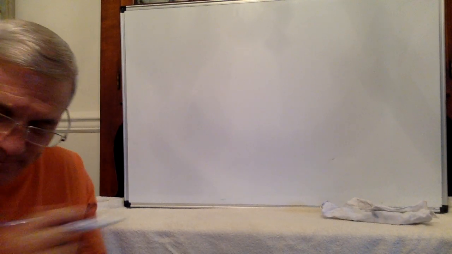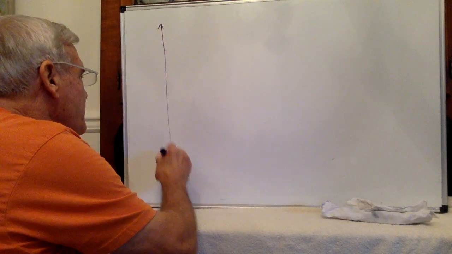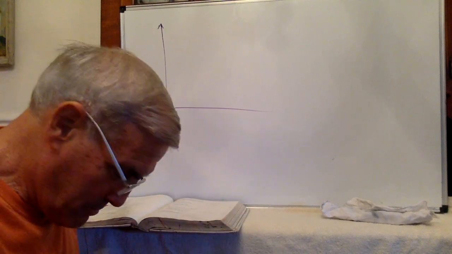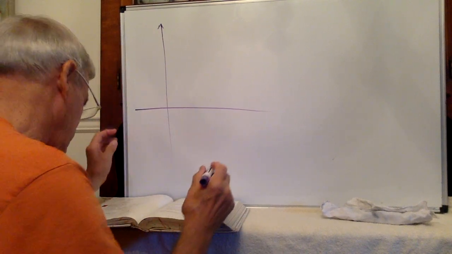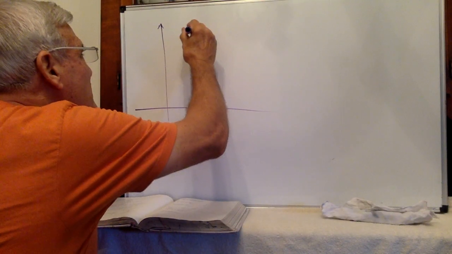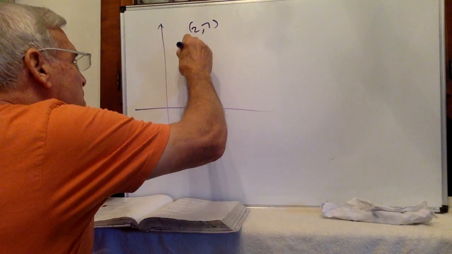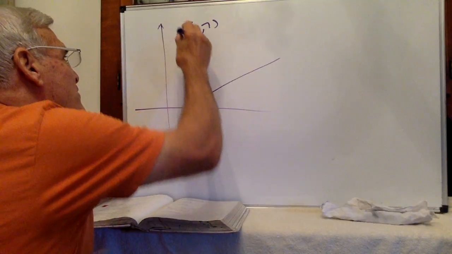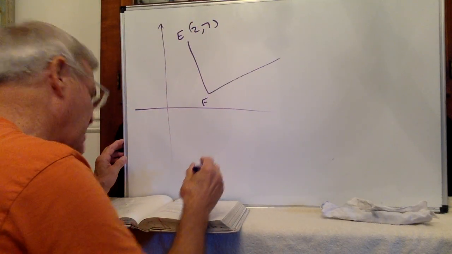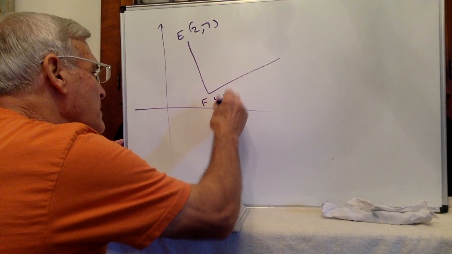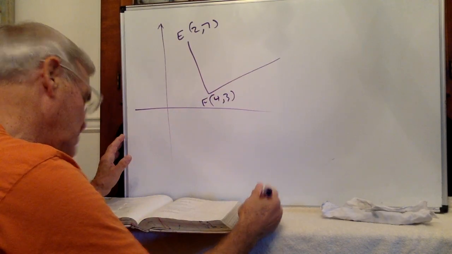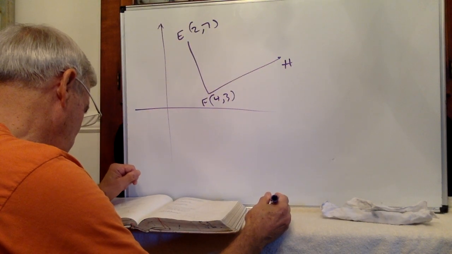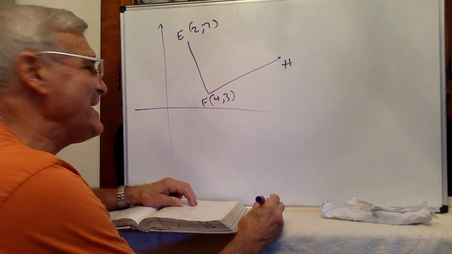Number 4 said you were given this figure, and you were told point E is (2, 7), point F is (4, 3). It's not to scale, don't worry, it's just a visual aid, and H. And they said if F is a right angle, find the slope of FH.